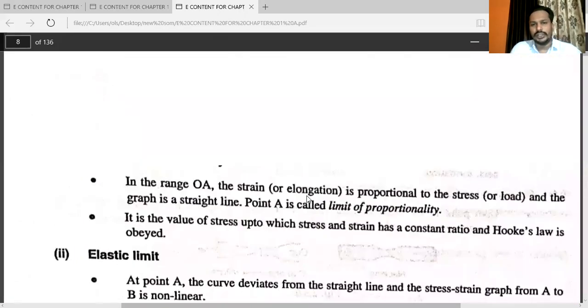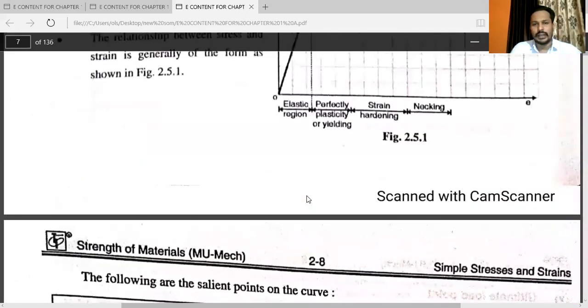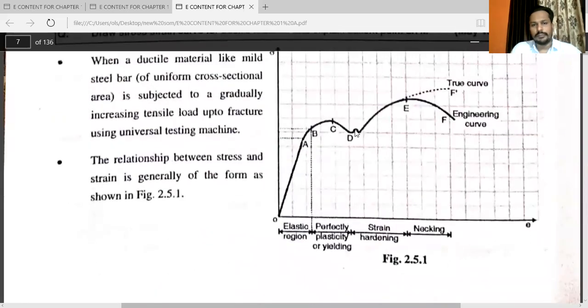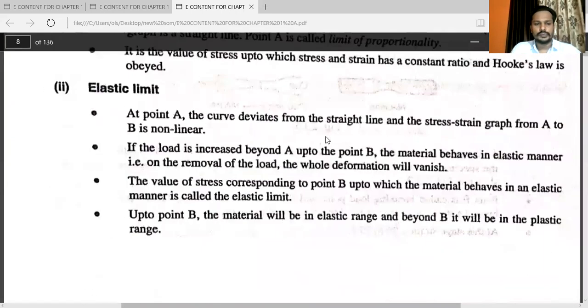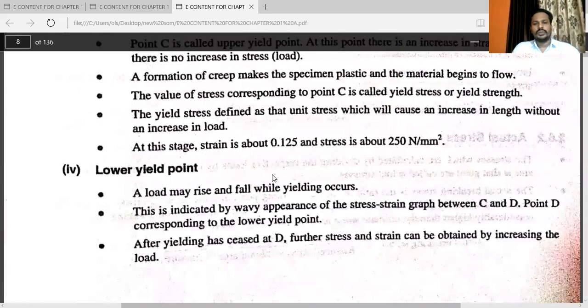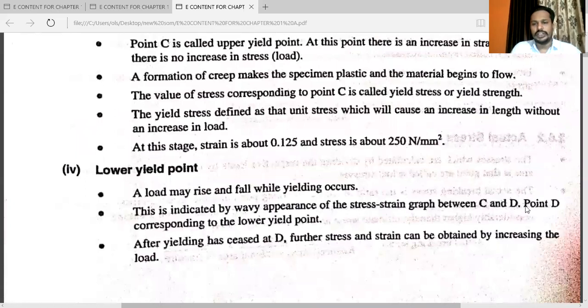You can see this wavy appearance in the diagram at point D, in the stress strain graph between C and D. Point D corresponds to the lower yield point. After yielding has ceased at D, further stress and strain can be obtained by increasing the load.